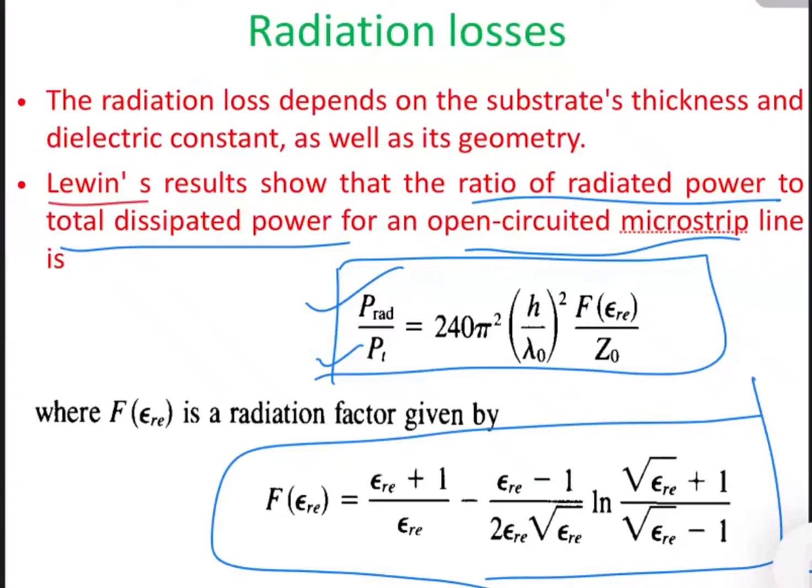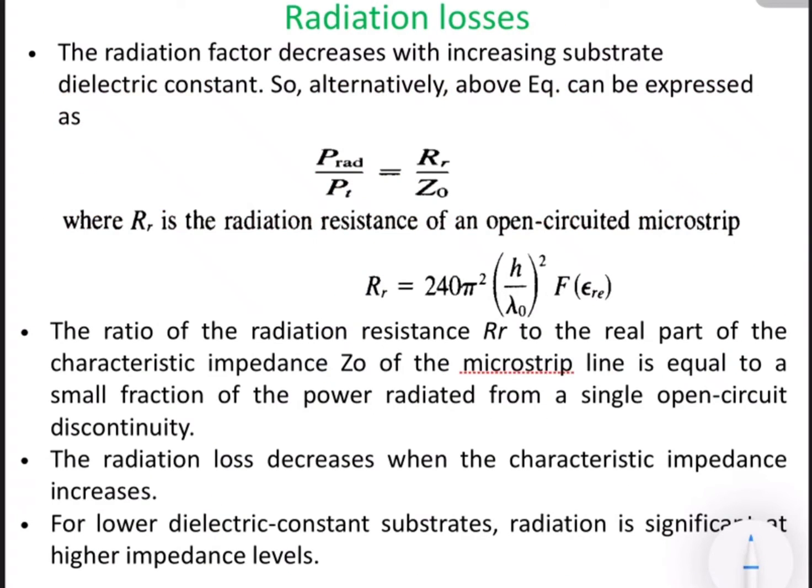So the radiation loss is the result of the thickness of the substrate and the dielectric constant. If you want to find the radiation loss by means of the ratio, then you should know the radiation factor, which is obtained by the equation F of epsilon RE. And always the radiation factor decreases with increasing substrate dielectric constant.